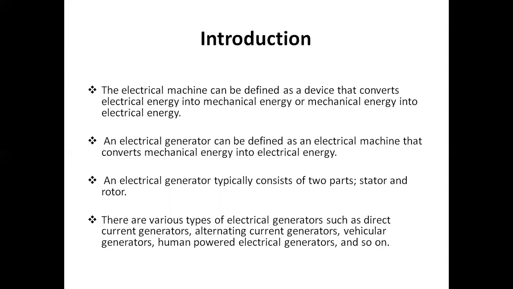An electrical generator typically consists of two parts: one is the stationary part called stator, and another is the rotating part called rotor.